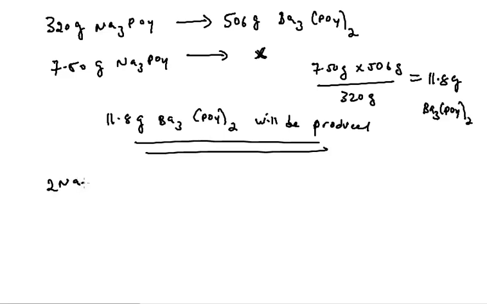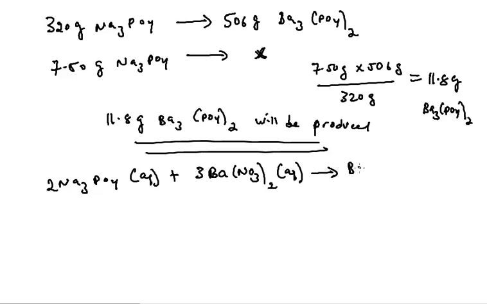We're going to write sodium phosphate, aqueous, plus 3 moles of barium nitrate, which is aqueous, gives us barium phosphate, which is solid, plus sodium nitrate, which is aqueous.